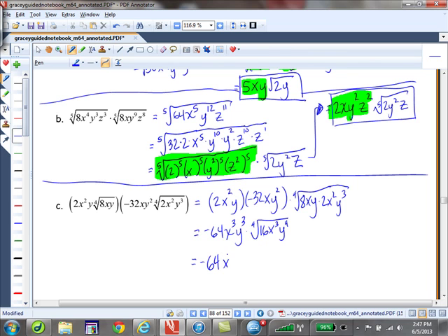So this will be negative 64 x cubed y cubed times the fourth root of 2 to the fourth times y to the fourth times the fourth root of x cubed.